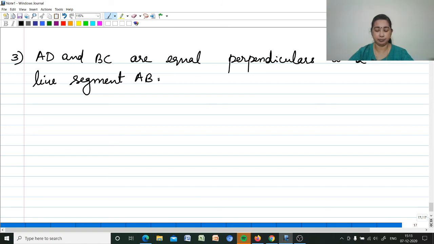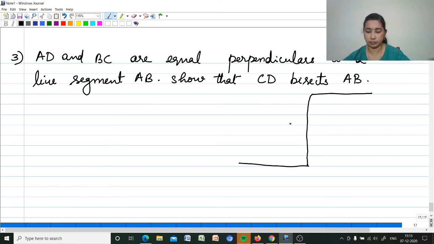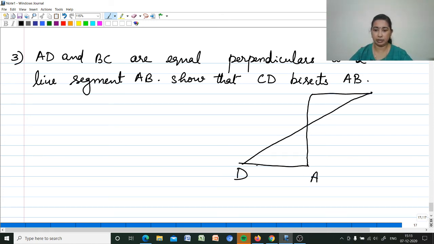Show that CD bisects AB. So this is the figure. Here this is AD, this is O, and this is BC.